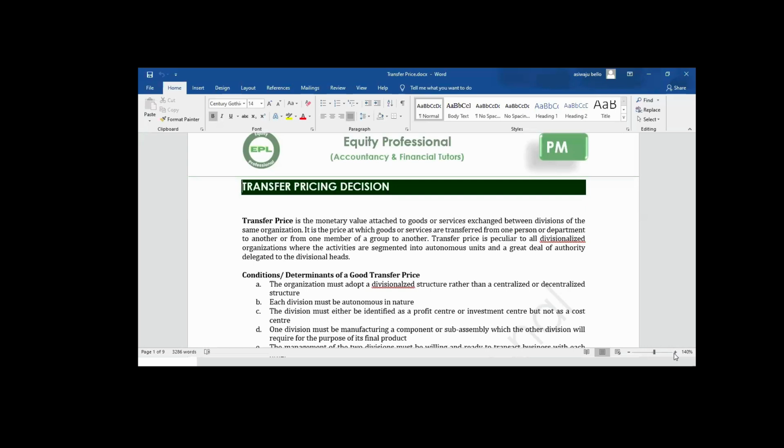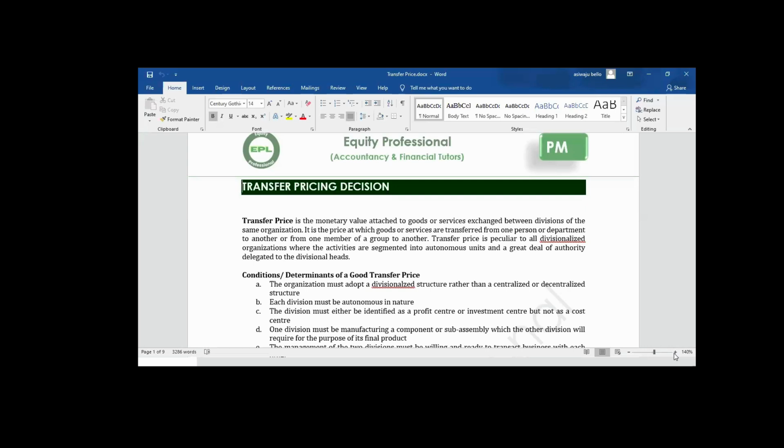If Dangote Sugar is selling sugar to Dangote Bakery, to Dangote Sugar, that will generate internal sales revenue. To Dangote Bakery, it becomes internal purchase cost, because Dangote Bakery is buying sugar from Dangote Sugar. So please note, you are going to have internal purchase and internal sales. That is point number one.